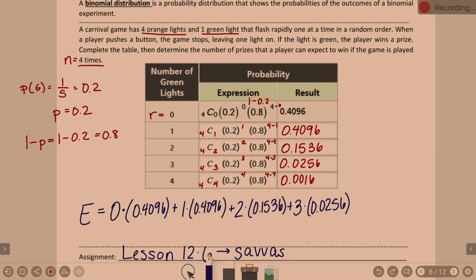Plus, you could get 4 green lights. What's the chance? 0.0016. And that would be 0.8 prizes. So technically not even 1 full prize.